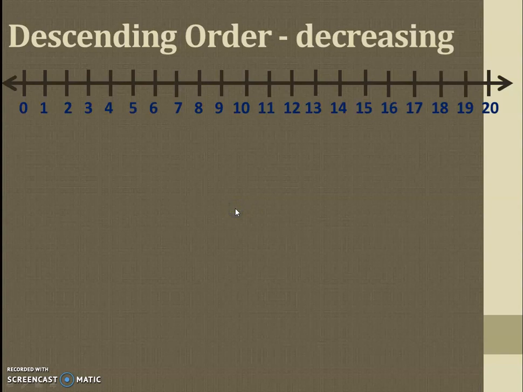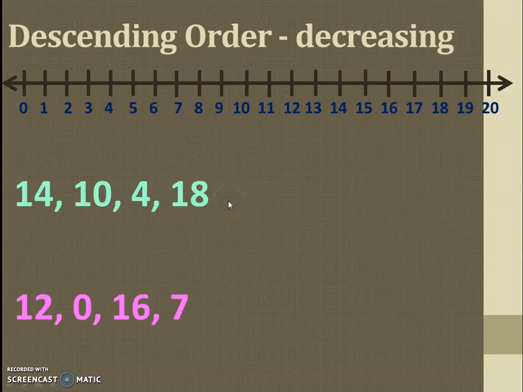Yes. Now next is descending order. It is nothing but decreasing order. The same set of numbers on the number line. Now we are going to check for these numbers in decreasing order. I am going to ring the numbers 14, 10, 4, 18. Now I am going to arrange from right to left.